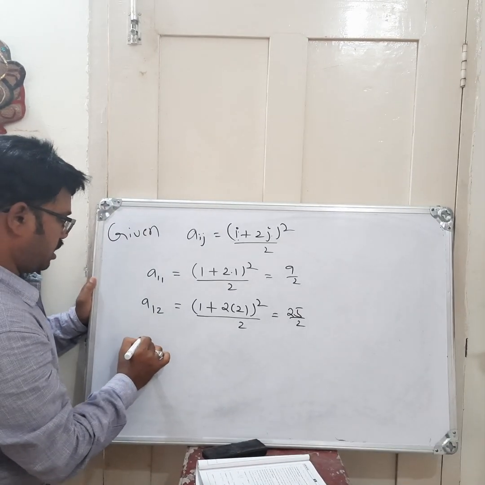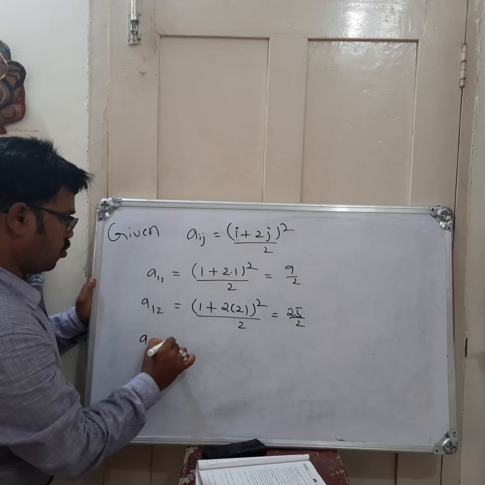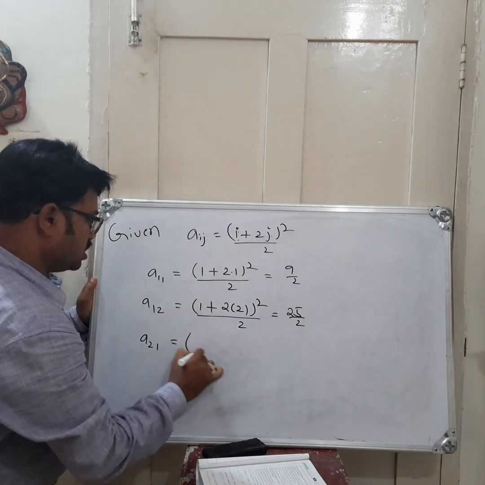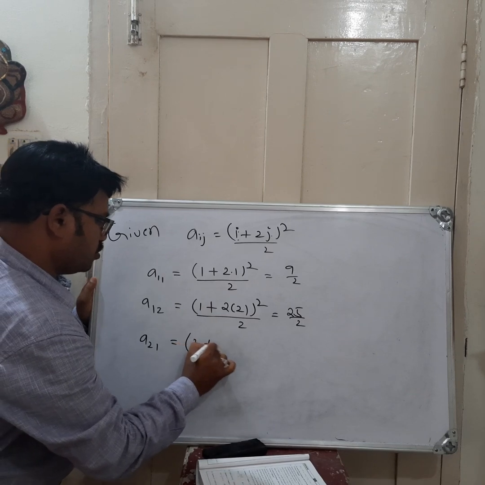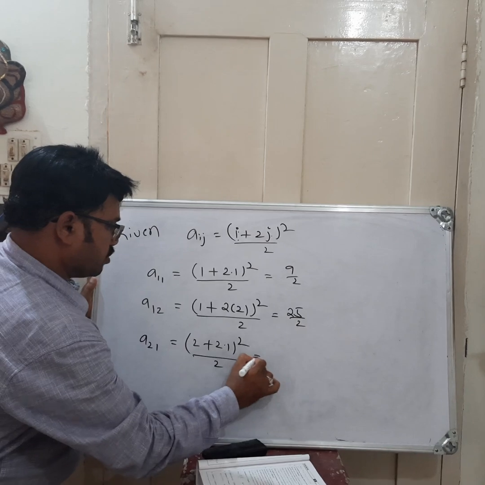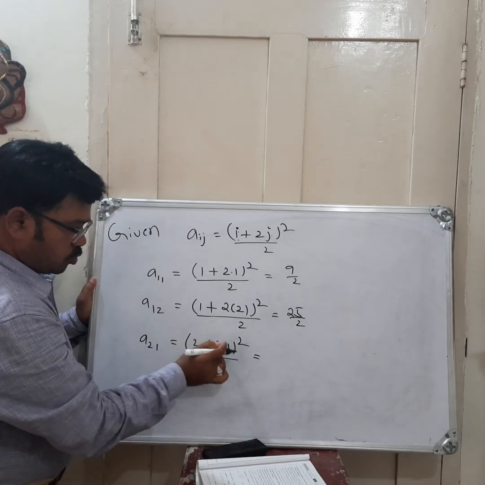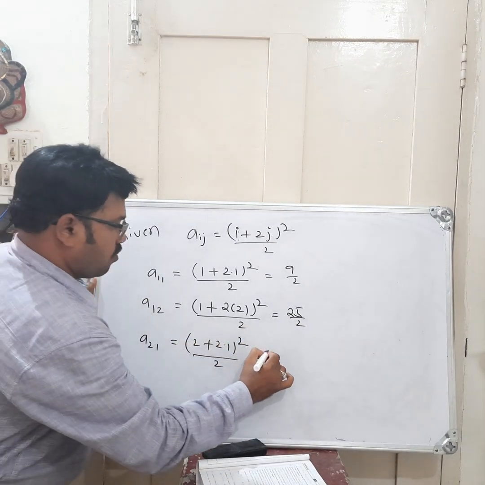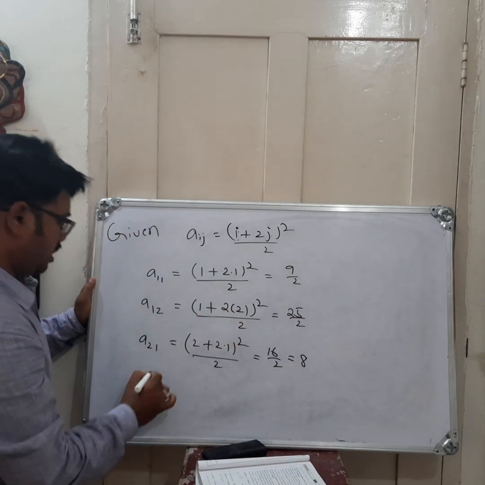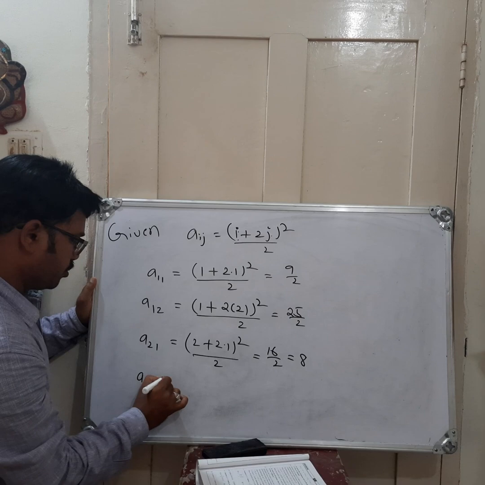The next element is A21. If you take i equal to 2 and j equal to 1, here the value is (2 plus 2 into 1) whole square divided by 2. 2 1s are 2, 2 plus 2 is 4, 4 square value is 16, divided by 2 means the value is 8. This is the next, A22.